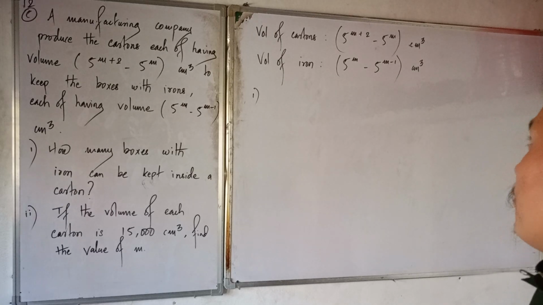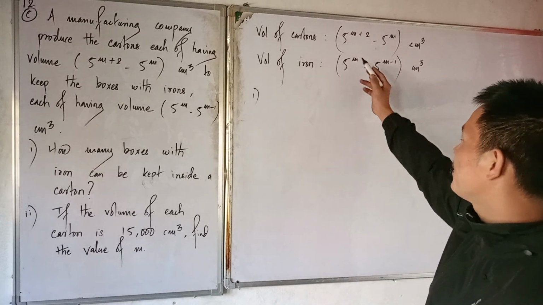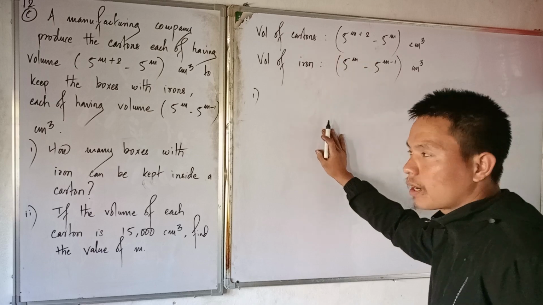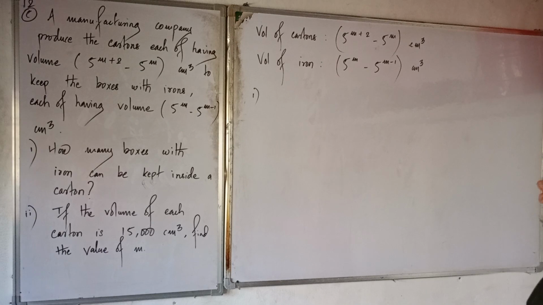So inside this volume of cartons, boxes with iron containing this much volume will be kept inside these cartons. So in part I, how many boxes with iron can be kept inside a carton?